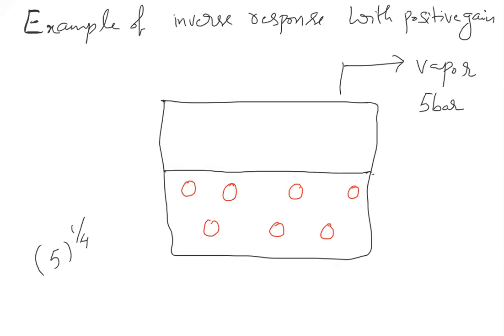Can somebody tell me what is 5 power 1.25? Which is 1.49. So you can say the boiling point is 149.